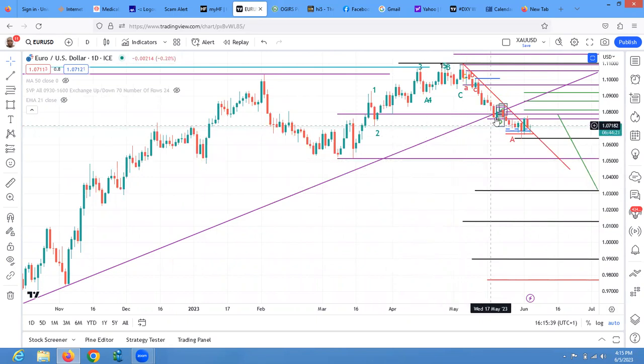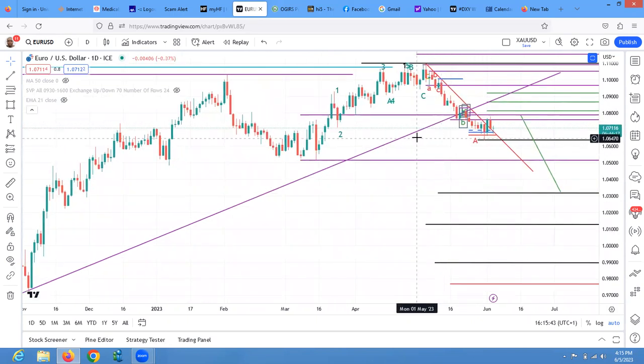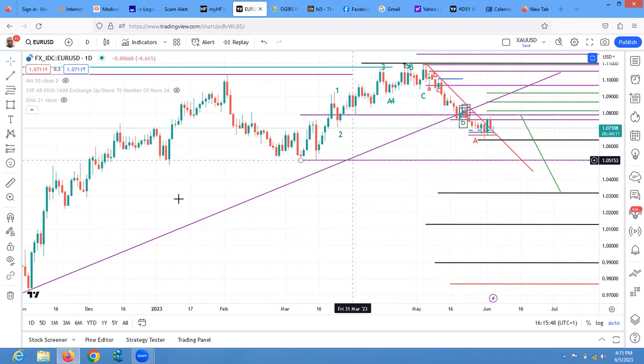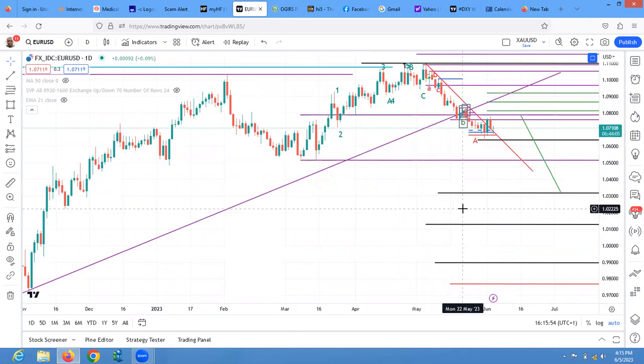That we have broken a structure of the weekly time frame to the downside means that we are probably correcting the entire run to the upside on the weekly as a possible wave B or a possible wave 2. That is just the meaning of it.